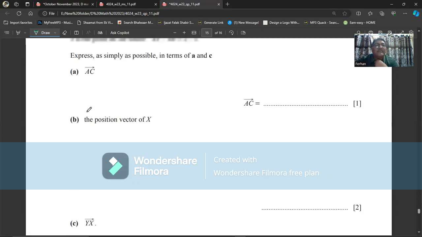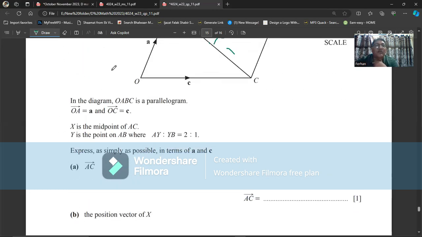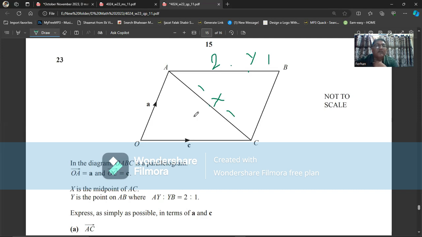Okay, then he says the position vector of X. You have to find out the position vector of X. It means you have to find out OX. So the method is very simple. From O go to A, from A go to X. We know the AC value, so I can easily find out AX.